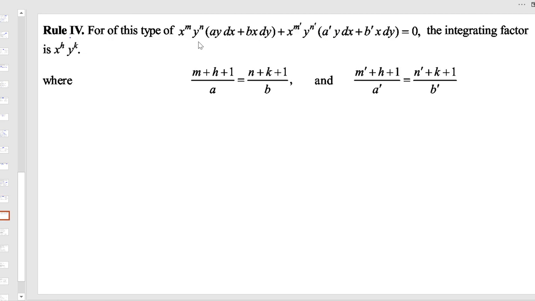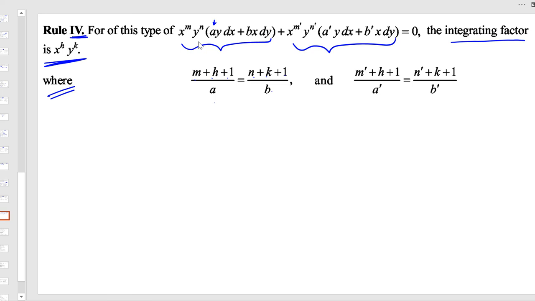Okay, so rule 4 says, if the functions are of this form, and the differential equation is of this form, then the integrating factor is x to the power h and y to the power k, where you have this relation satisfied: m plus h plus 1 equals n plus k plus 1 divided by a over b.